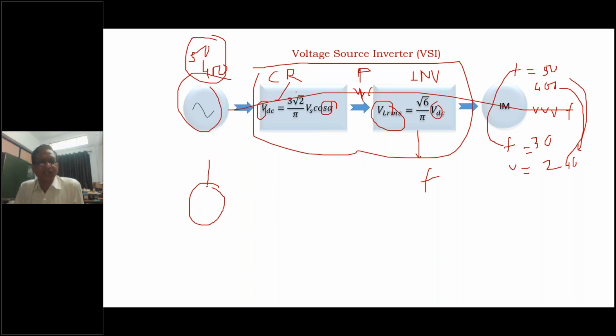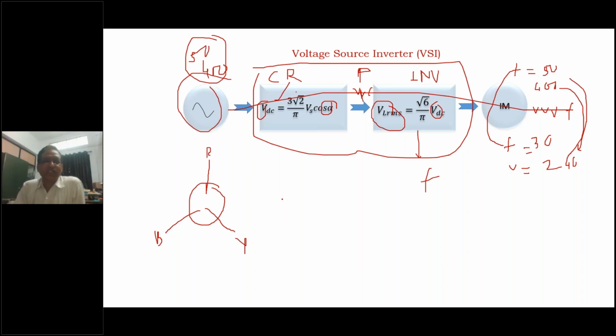It has an R phase winding axis, this is a Y phase winding axis, and one more is a B phase winding axis. These are the axes which will produce the flux in this direction. R phase and Y phase voltages are 120 degrees apart. Currents are 120 degrees apart. Fluxes are 120 degrees apart.